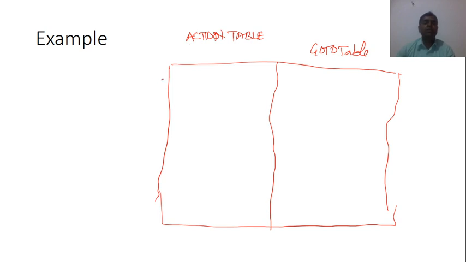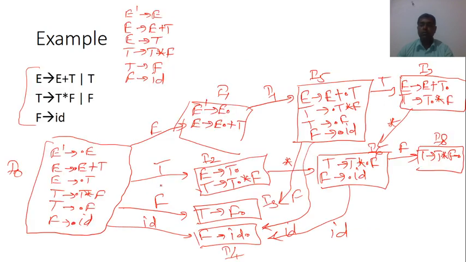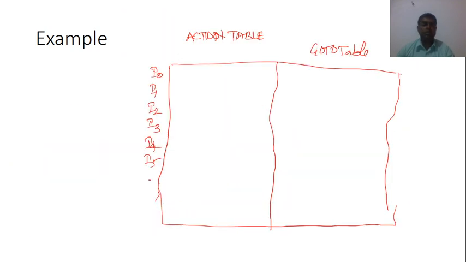Now the rows in this table become the items, that are I0, I1, I2, I3, I4, I5, I6, I7 and I8. This becomes the rows in this table.